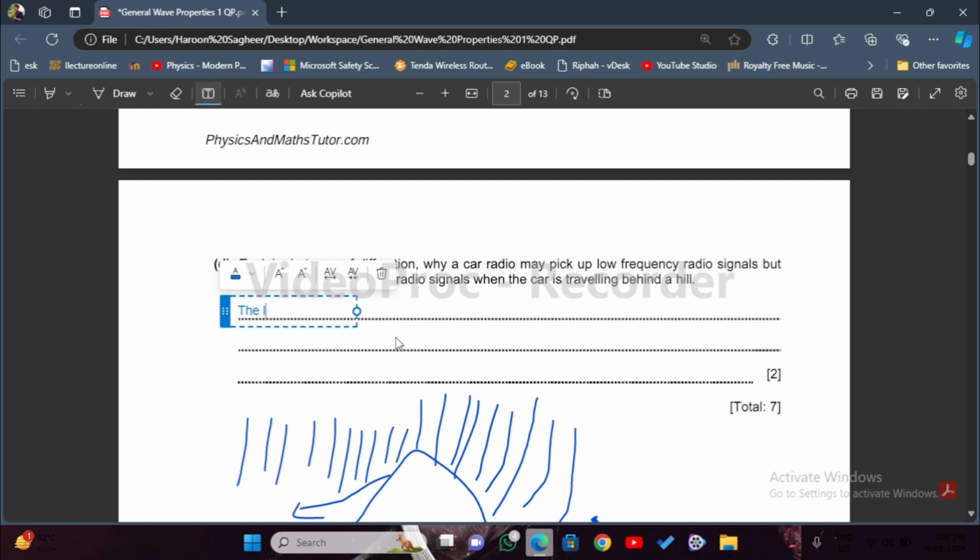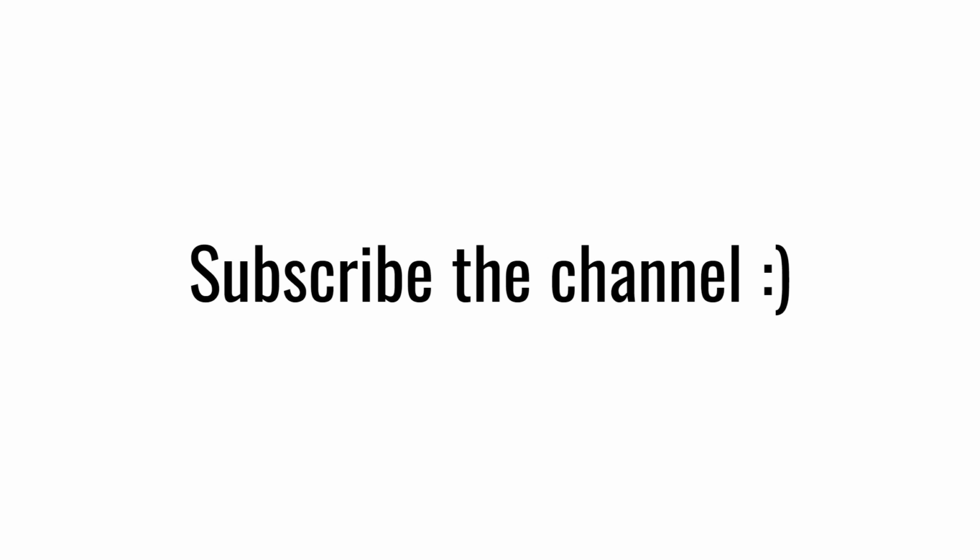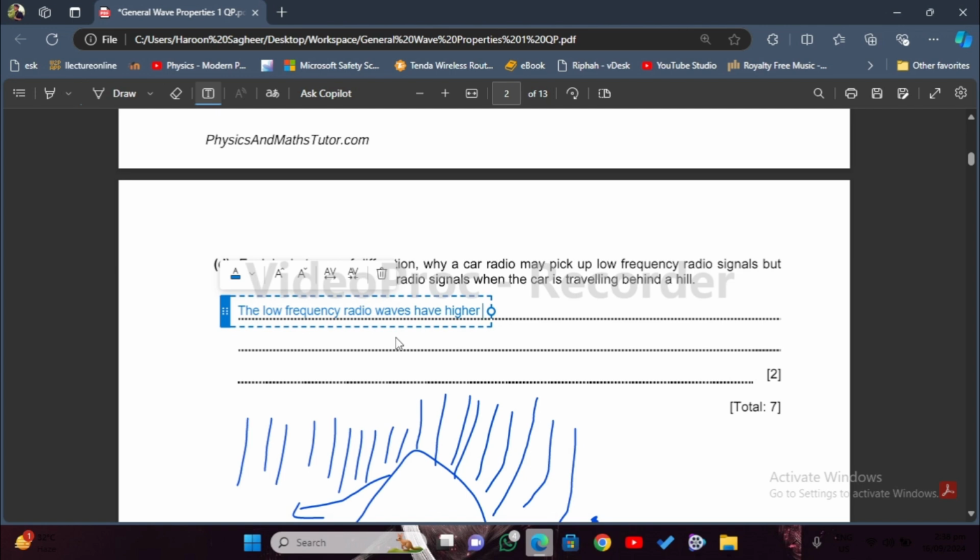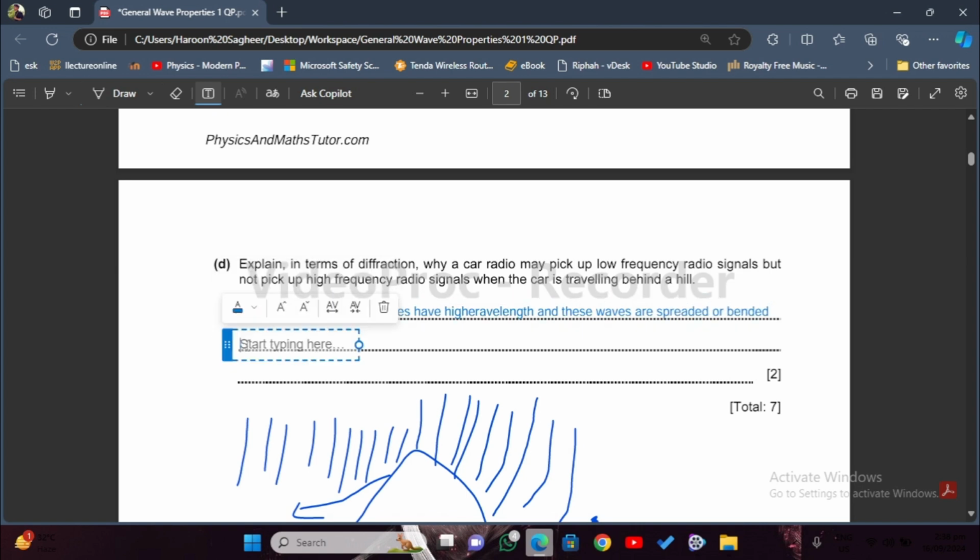The low frequency radio waves have higher wavelength, and these waves are spread or bent easily.